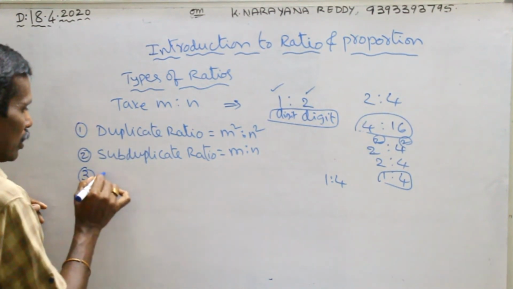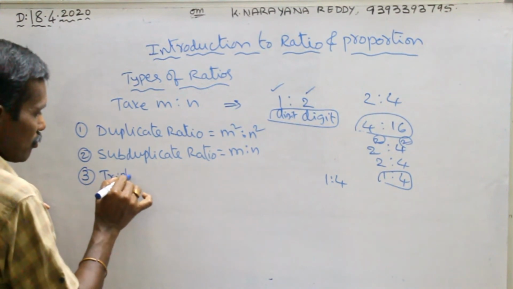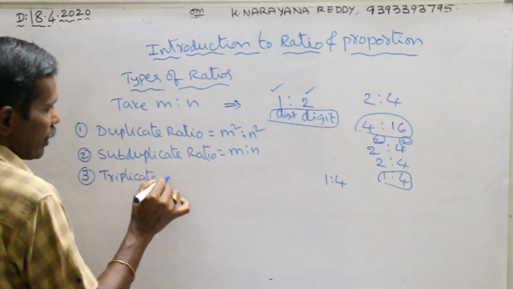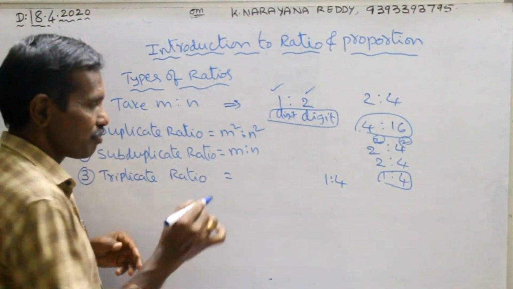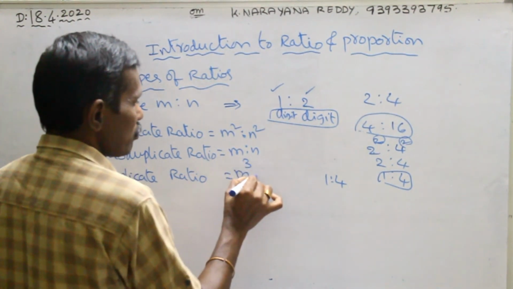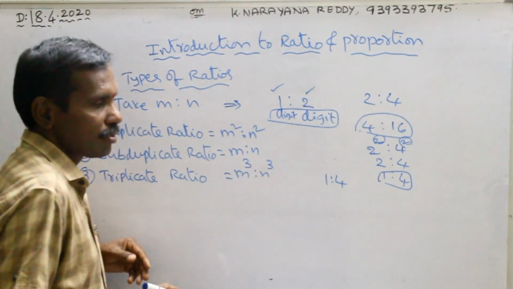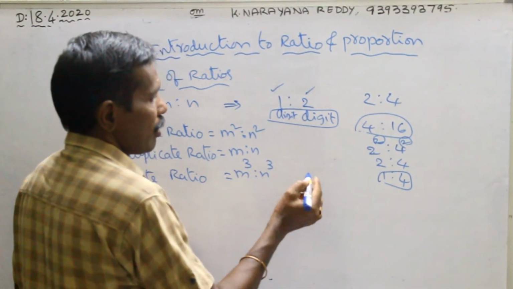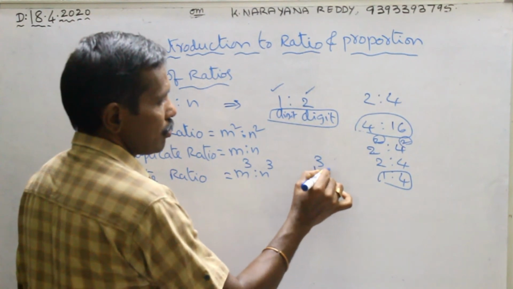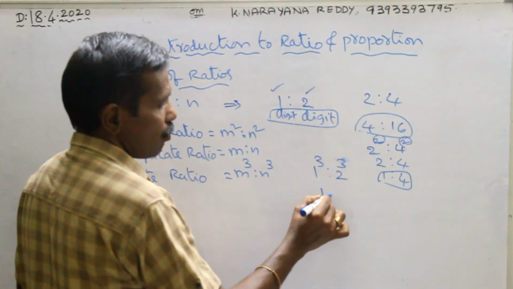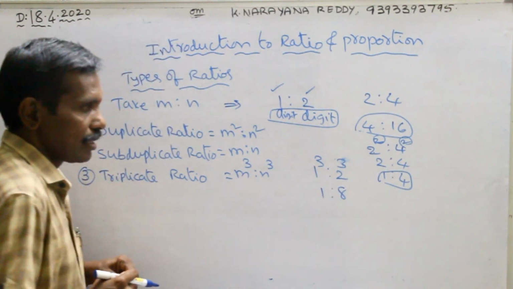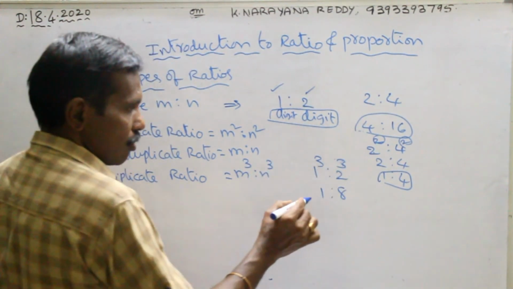Next one is triplicate. Triplicate ratio is nothing but 3. M cube, n cube. See here, for example, 1 cube, 2 cube. What do you say? 1:8. This is triplicate ratio.